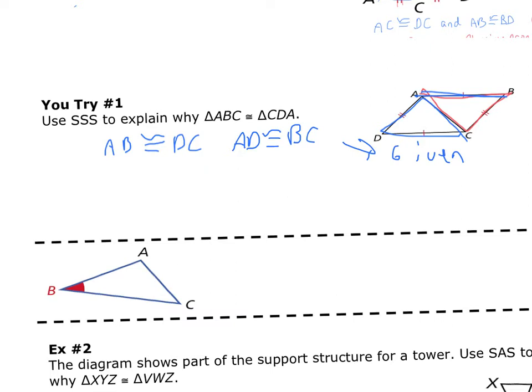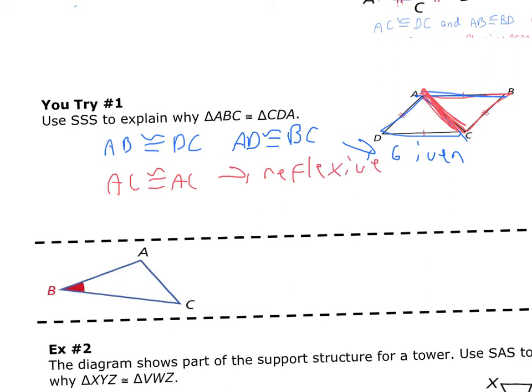Okay? And lastly, we need to find that third set of congruent sides. Well, we know that these two have a shared side, so we know that AC is going to be congruent to AC because of the reflexive property.